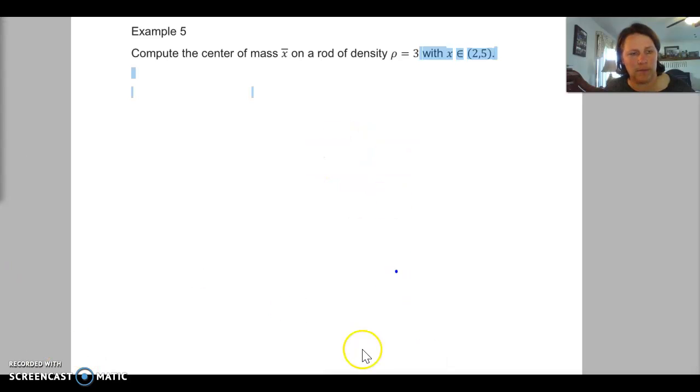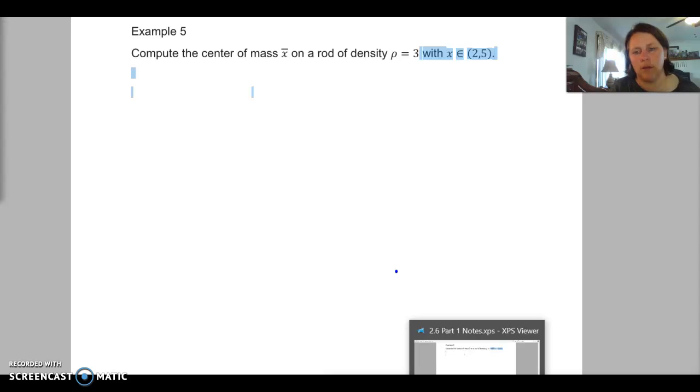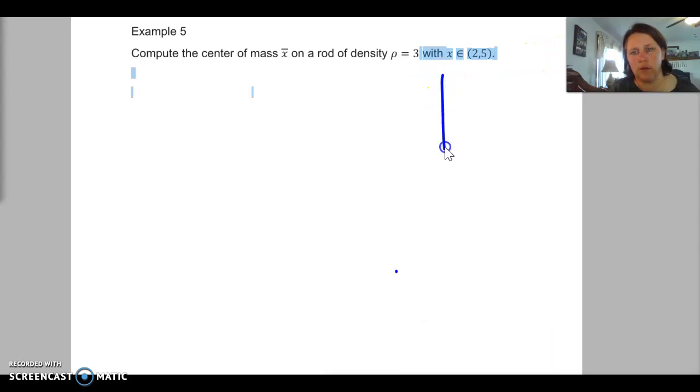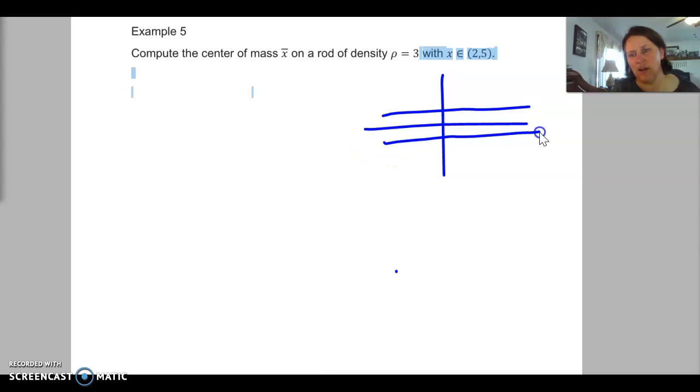We have a rod running along our x-axis. And in this case, we want the section of rod from 2 to 5.